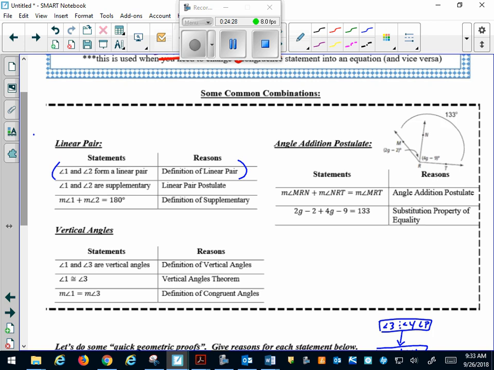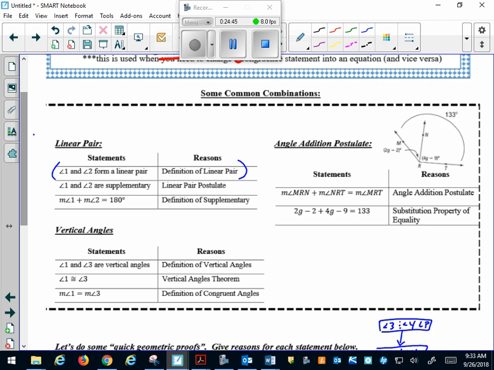Then you say, okay, that means they add up to 180 because of the definition of supplementary. So this is a common combination. You're going to see the linear pair postulate with the word supplementary, and then add to 180 by the definition.